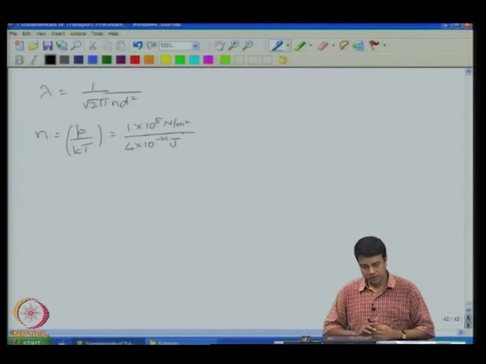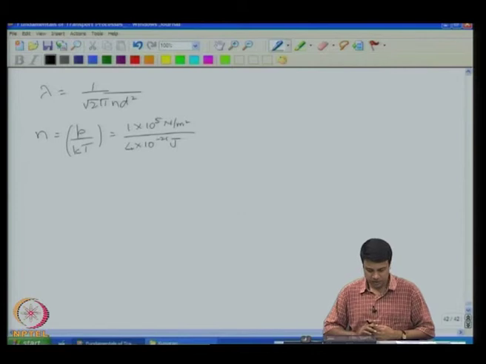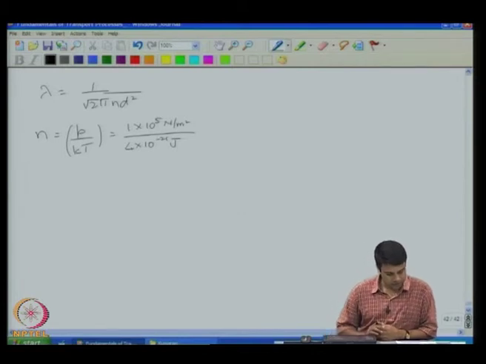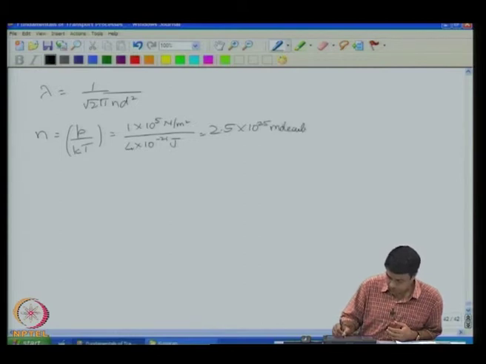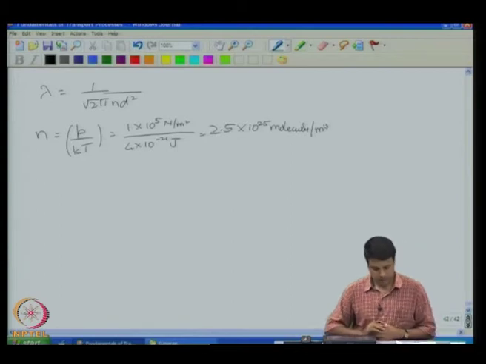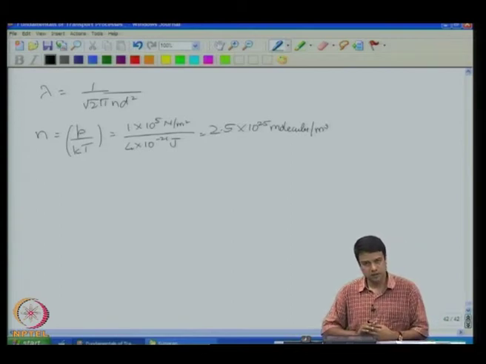You can easily see that this has dimensions of 1 over volume. If I carry out this calculation, this number density becomes approximately 2.5 times 10 power 25 molecules per meter cube at standard temperature and pressure. So, this is the number density of molecules.